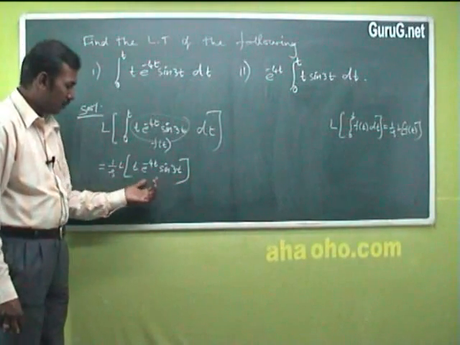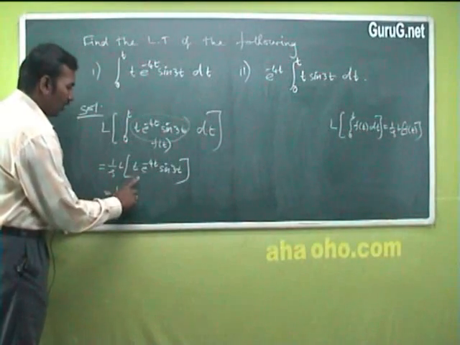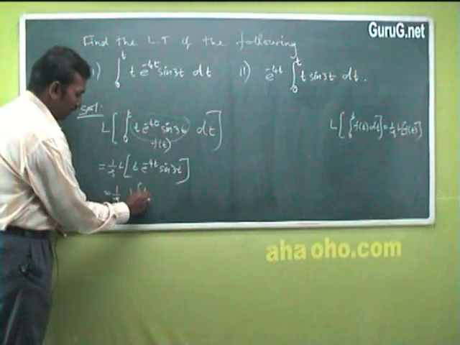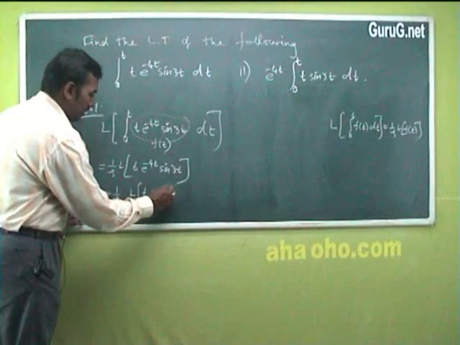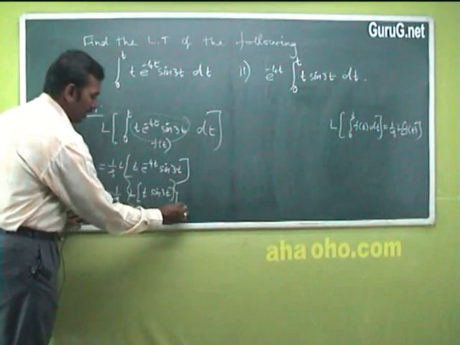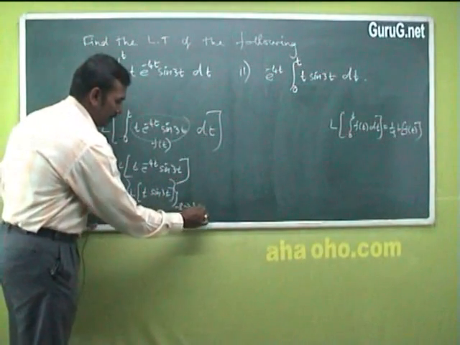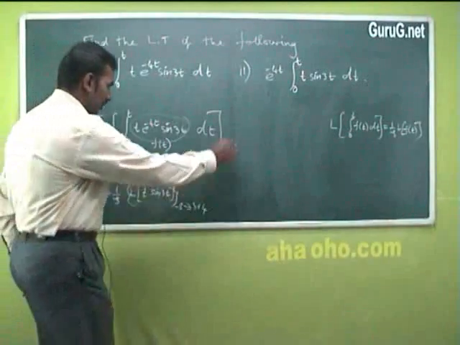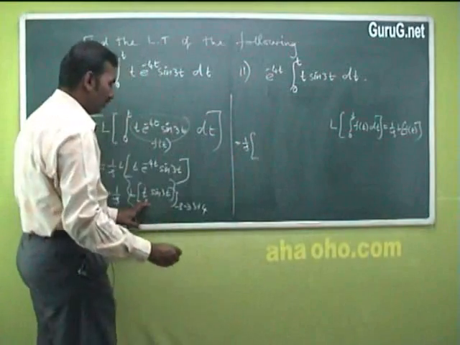So this type of problem we have already done. How can we do this problem? First you remove this exponential, so first you apply the shifting property. So t into sin 3t, then s is replaced by s plus 4. So only here, you replace s by s plus 4, right? Now it is of the form t into f of t. So 1 by s into, t into f of t becomes what?